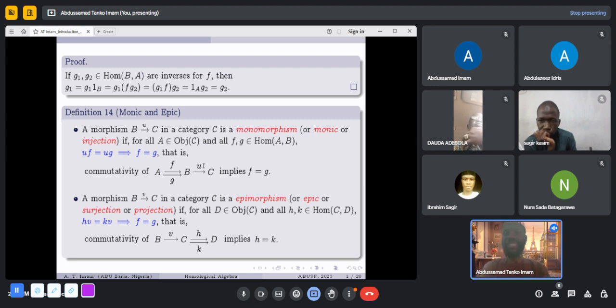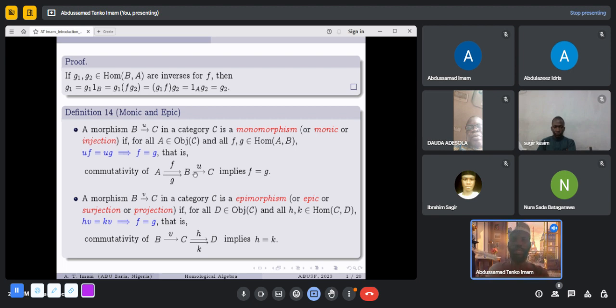And this is a general concept of injection, and we can easily prove that in the category of sets, a mapping is a monomorphism or monic or injection if and only if it is one-to-one. So it's one-to-one mappings that will satisfy this property. And please try to prove this, which I have just mentioned, that in the category of sets, monics are precisely one-to-one mappings.